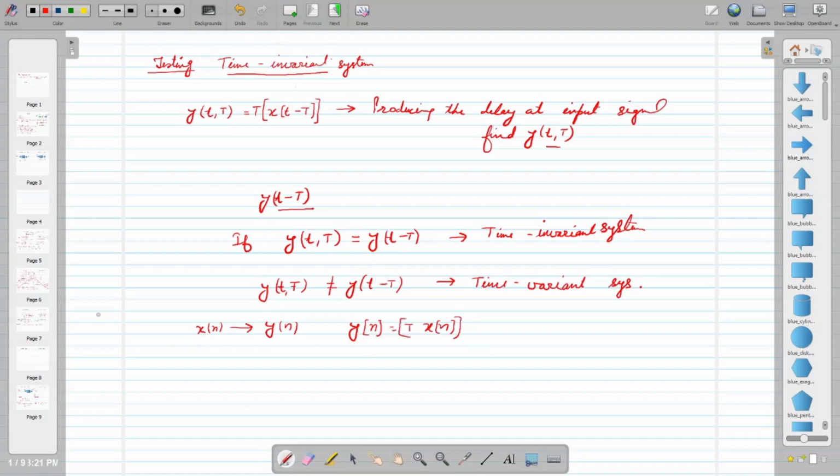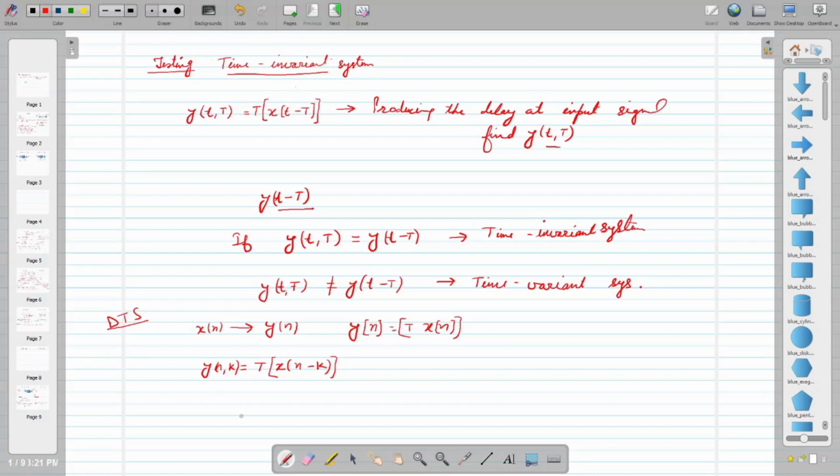This is for discrete time systems, right? If I produce a delay at the input side, how can I represent it? x[n - k], the kth amount of delay, and the transformation produces the output y[n, k].